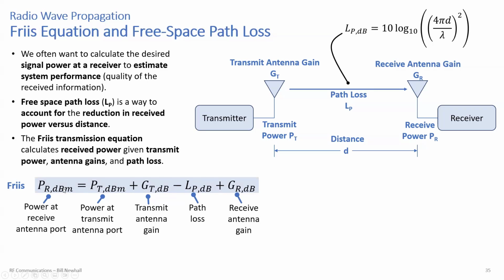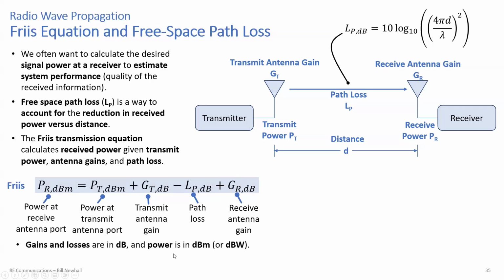If you want that signal to be relatively strong, higher is usually better, not always, then you want a high transmit power. That kind of makes sense. You want high antenna gains. They increase your receive power, and you want low path loss. That makes sense. You want to be closer together if you can for a given transmit power, given gains.